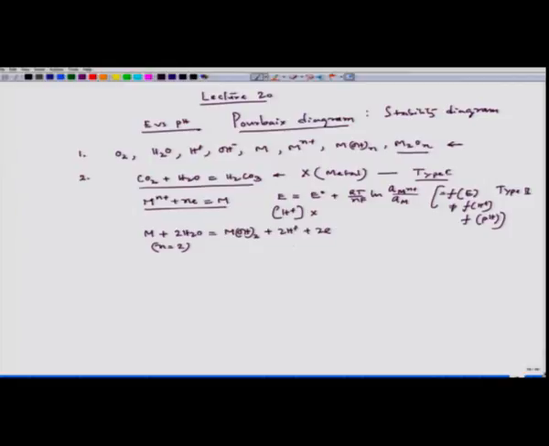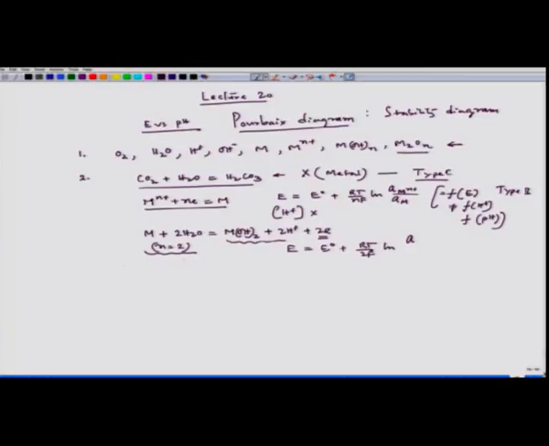Here also we can express this reaction in terms of the Nernst equation, RT over 2F, since the number of electrons involved for this reduction process is 2, ln activity of oxidant. Now, the oxidant part is this part and the reductant part is this part.